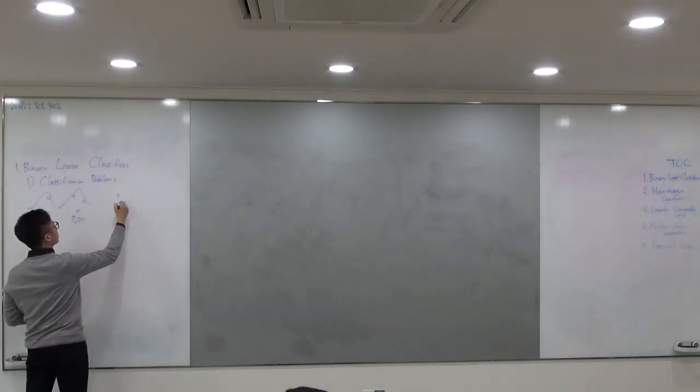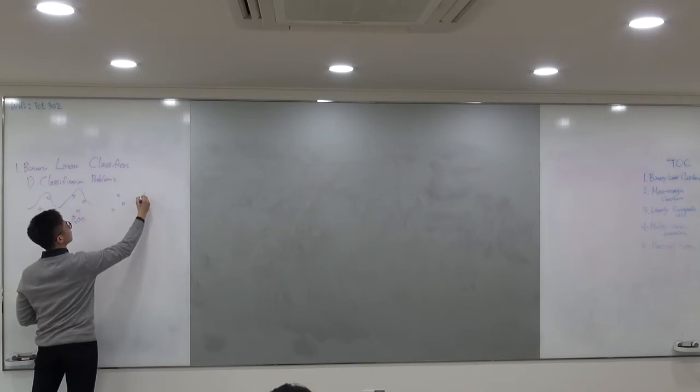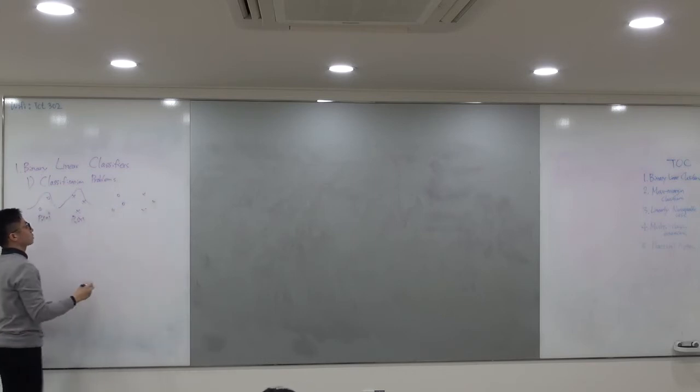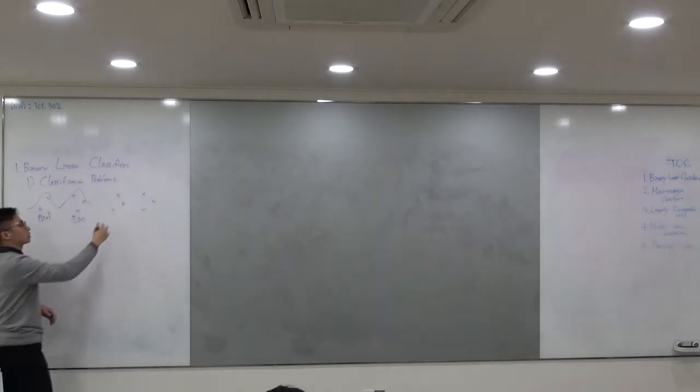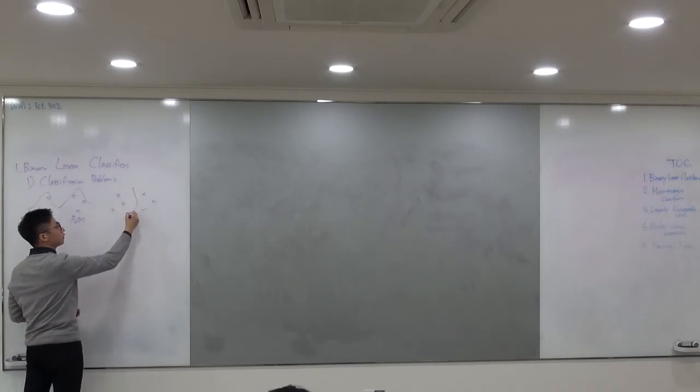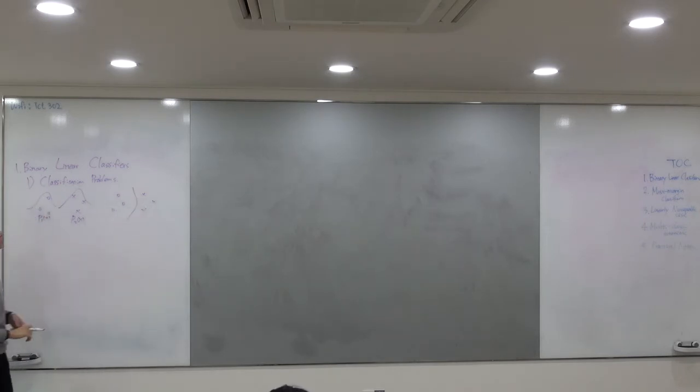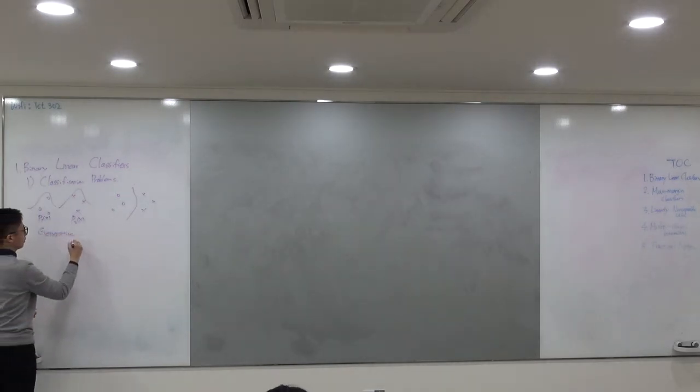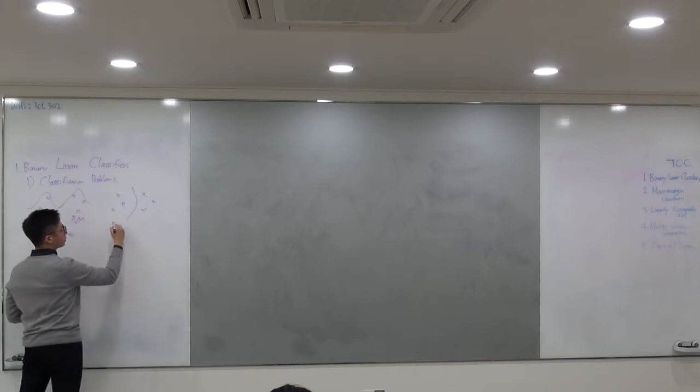The other approach is to ignore probability and just learn the decision boundary between the two classes. The first one is called the generative approach, and the second one is called the discriminative approach.